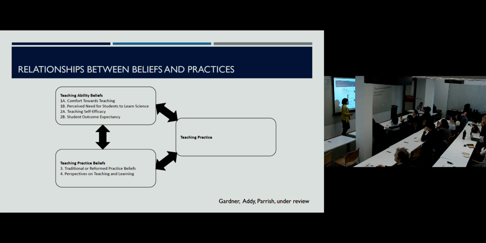Practice, obviously, takes a lot of time to measure, to get faculty or students to want you to look at their courses, but he measured their beliefs. He focused on 2 established scales used in science education: comfort for science teaching, perceived need for students to learn science, their efficacy, and their outcome expectancy, and then looking at their perspectives on teaching and learning.